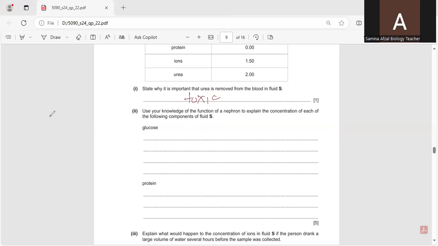So use your knowledge of the function of nephron to explain the concentration of each of the following components of fluid S. So we have to write down about the concentration of glucose. So what happens when the process of filtration takes place? Process of ultrafiltration.